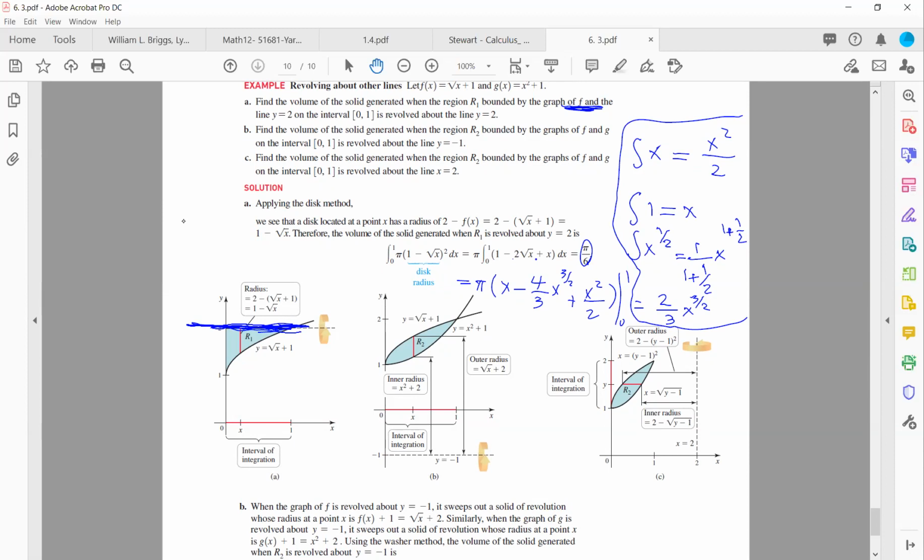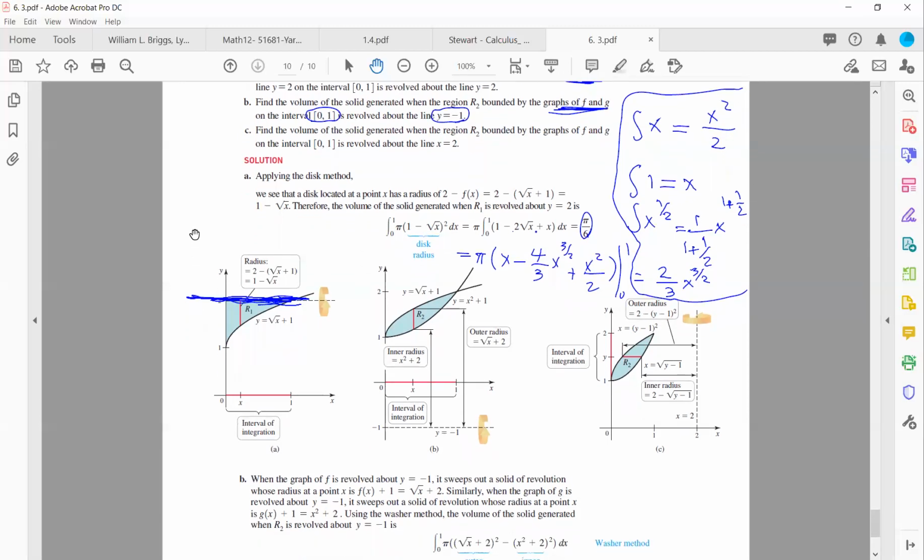B says, find the volume of the region R sub 2 bounded by the graph of g and graph of f on the interval 0 to 1, and it's revolved about y equals -1.